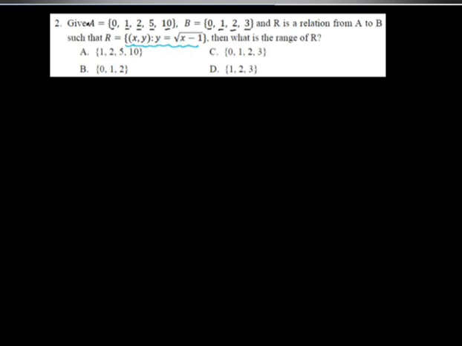The second entry is the square root of the first entry minus 1. So diagrammatically ይህንን describe ማድረግ እንችላለን። Okay, so it's good to write the diagrammatical representation of the relation.